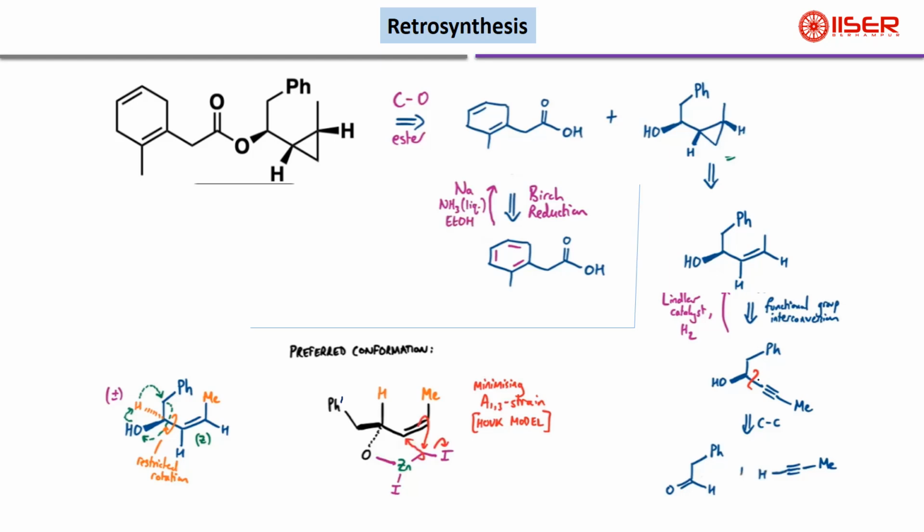If you just break this, add a triple bond here and break this bond, you will get this from acetylene and aldehyde. Just note it down so that you can plan how the reactions are going through. Just for saving time I have already drawn it.